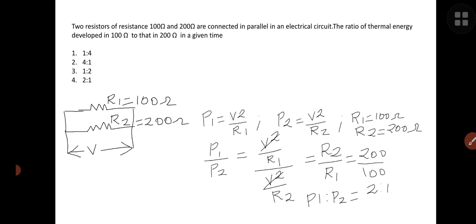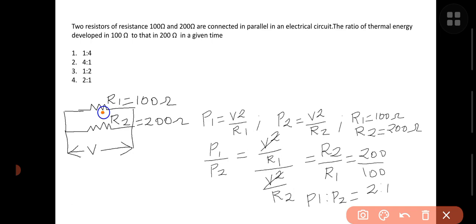Before solving, let's draw the circuit. Two resistors R1 and R2 are connected in parallel with the voltage source. Now, instead of finding the ratio of thermal energy developed across 100 ohm and 200 ohm, we are going to find the power across each resistor.